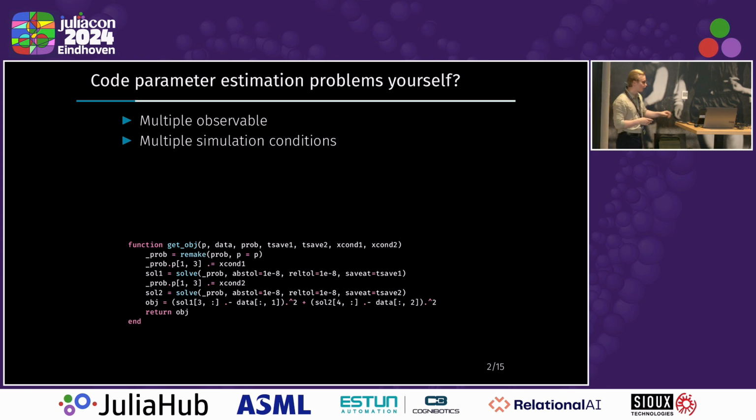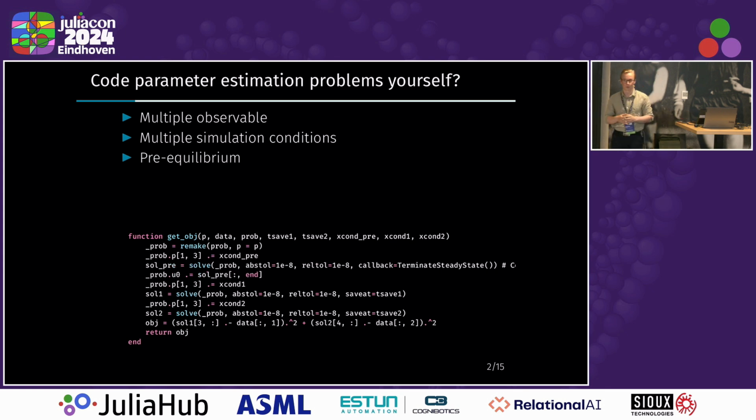To make things funnier, people like to have the model at a steady state at time 0. Imagine you are giving a drug to a system. This system should probably be stationary at time 0. We can still code this ourselves, but you see, it's getting a bit more complicated.